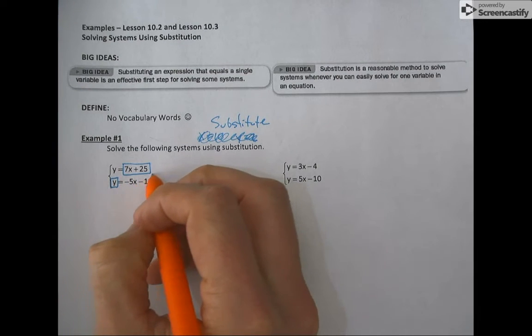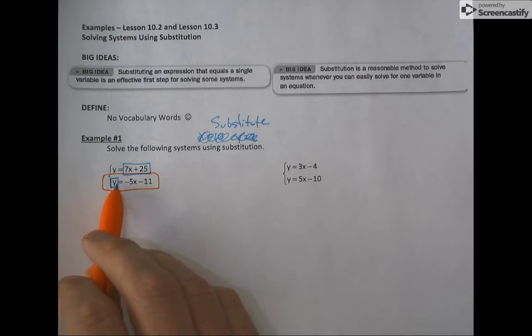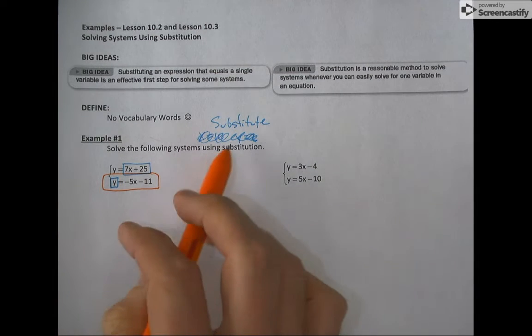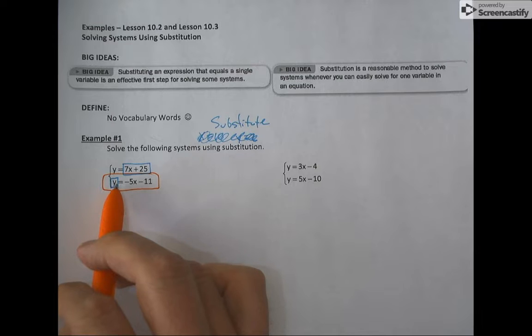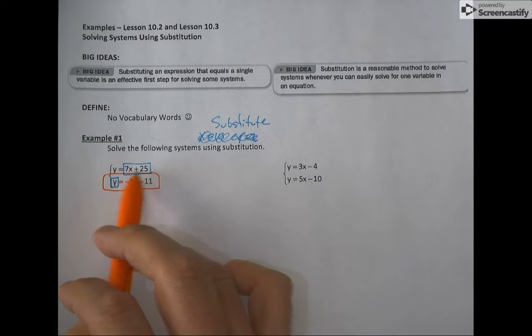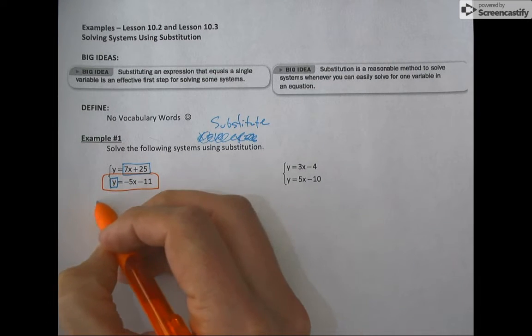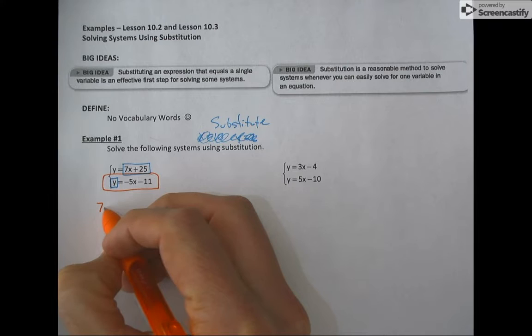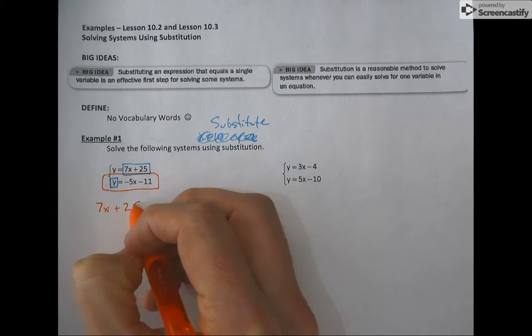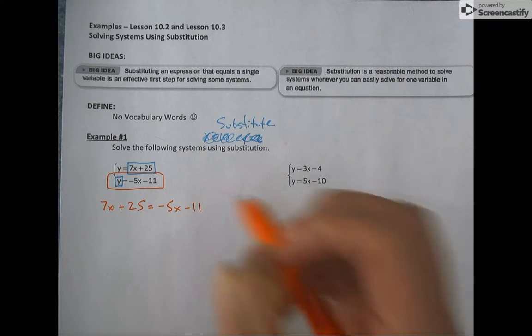I'm going to rewrite this equation, but change y to what it's equal to. Again, if it was 10, I don't think anyone would have a problem changing it to a 10. Now y doesn't equal a single number. It's this whole expression, 7x plus 25. So we're going to put that in. Rewriting this whole line, but changing y to what it's equal to: 7x plus 25 equals negative 5x minus 11.